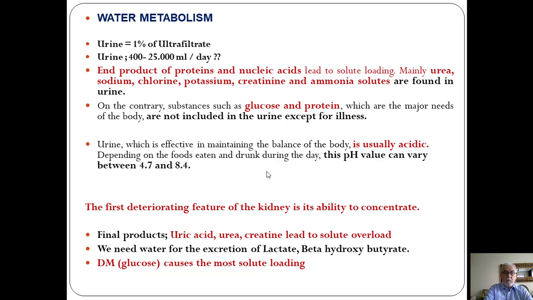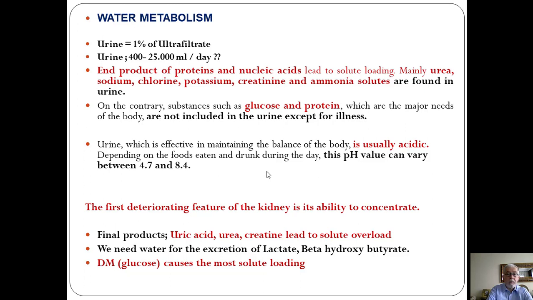Products of proteins and nucleic acids lead to solid loading, and mainly urea, sodium chloride, potassium, creatinine, and ammonium sulfate solids are found in urine. On the other hand, substances such as glucose and protein, which are major needs of the body, especially for energy and protein synthesis, are not included in the urine except in illness or pathologic conditions.